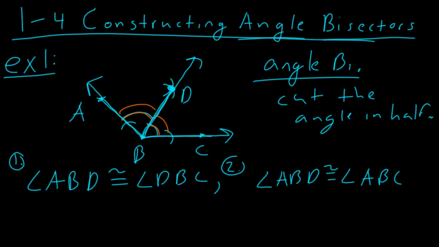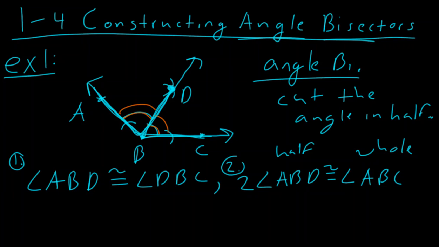Well, as I look at this, I notice that angle ABD is a half, but I notice that angle ABC is a whole. Well, in order to make it true, how many halves make a whole? And hopefully you said the number 2. And now that is actually a true statement.